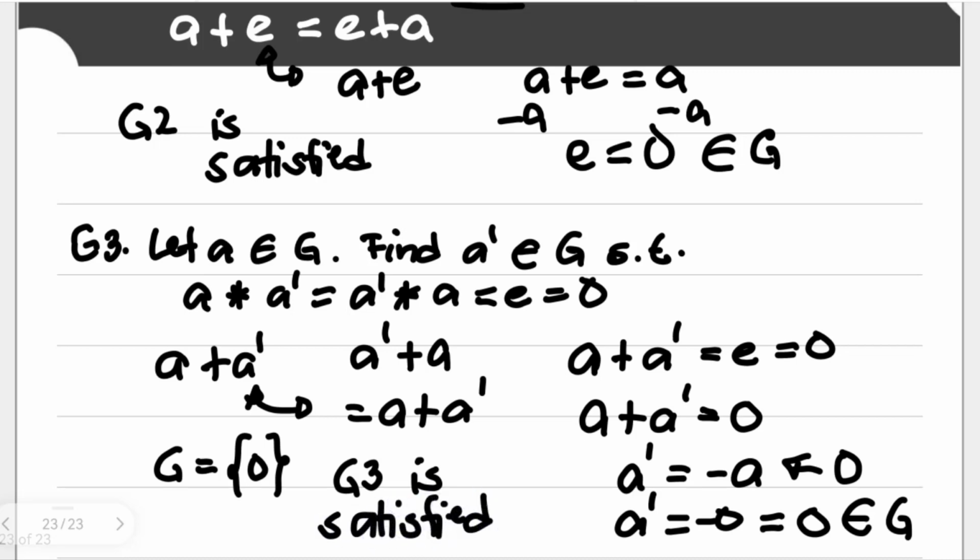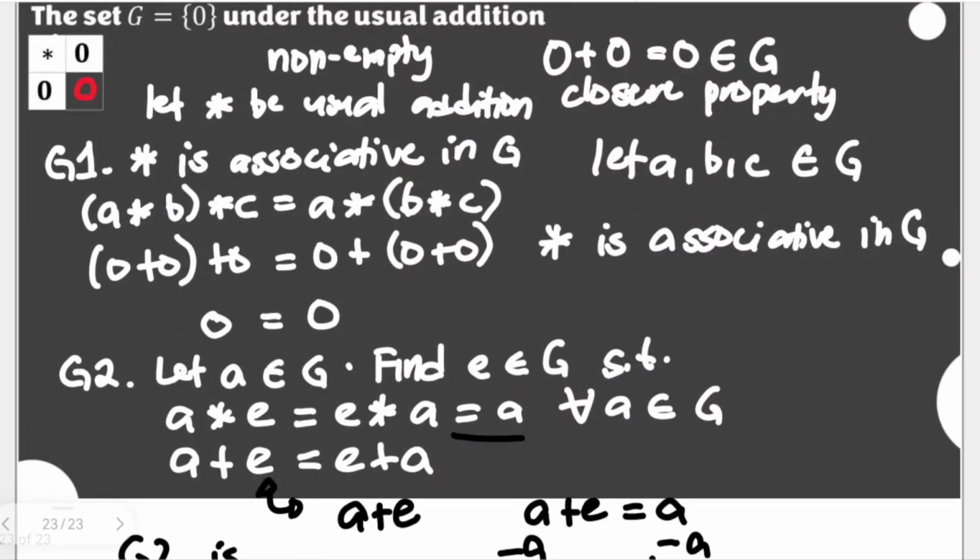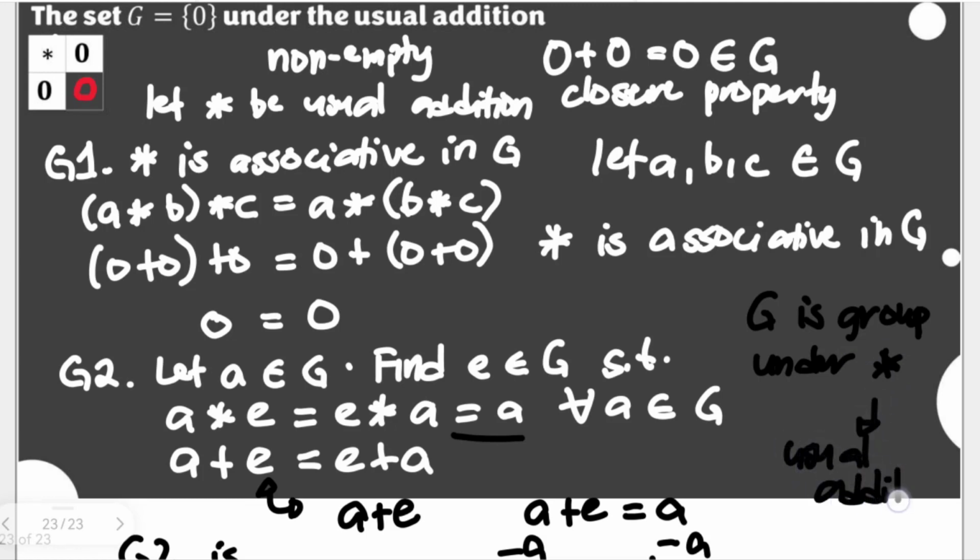With all of these three conditions met, we have G3, the existence of an inverse, G2, the existence of identity, which are both 0, and we have established that star is associative in G. We can now say that G is a group under star, which we defined as the usual addition.